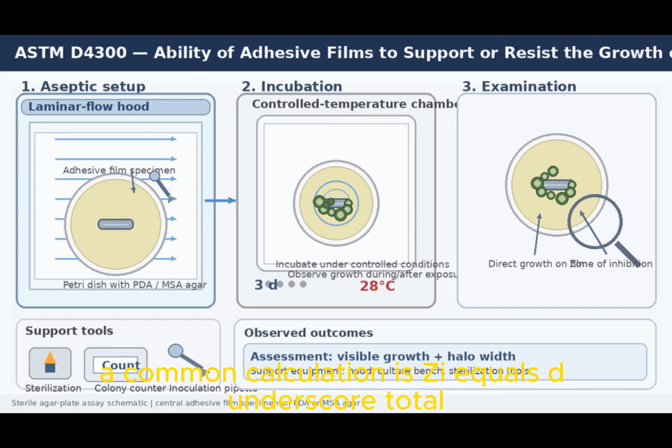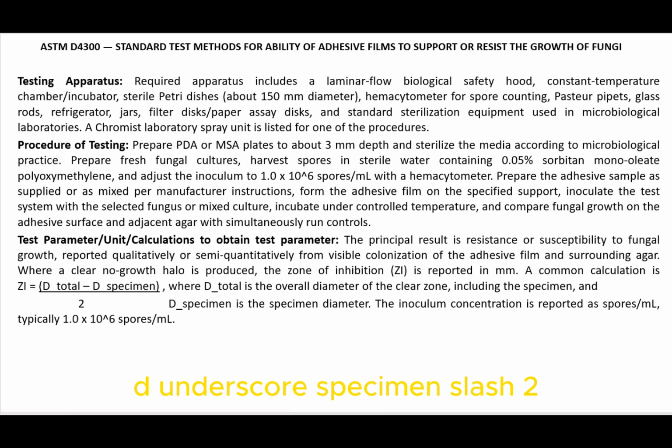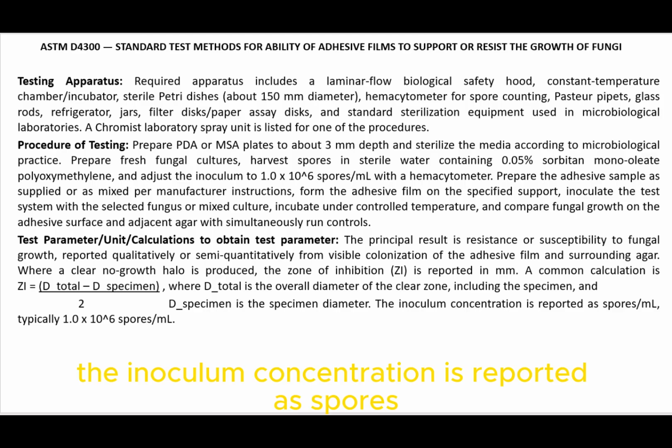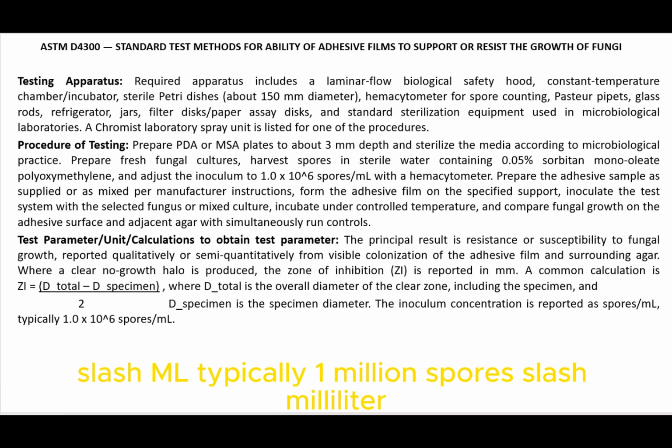A common calculation is ZI equals (D_total minus D_specimen) / 2, where D_total is the overall diameter of the clear zone, including the specimen, and D_specimen is the specimen diameter. The inoculum concentration is reported as spores/ml, typically 1 million spores/milliliter.